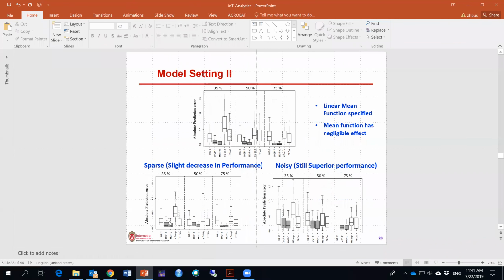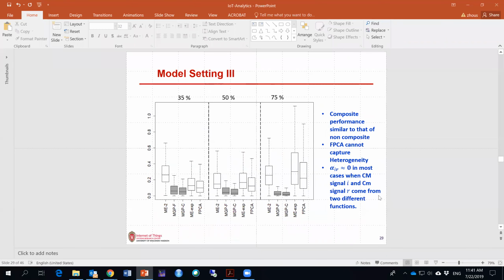But if we have a misspecification, where the underlying function form of the degradation signal is not the same as the assumed functional form in the mixed effect model, the performance gets worse. So our Gaussian model-based method gets better performance. We're also better than other methods like this functional PCA type of method. And in this testing, we assume in the historical data set, we have different types of functional form.